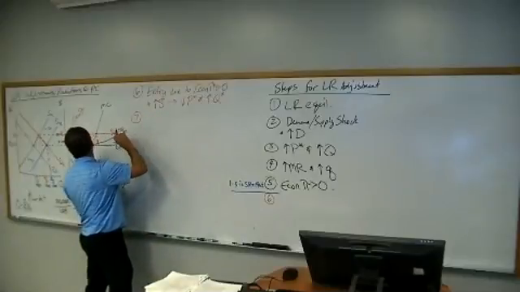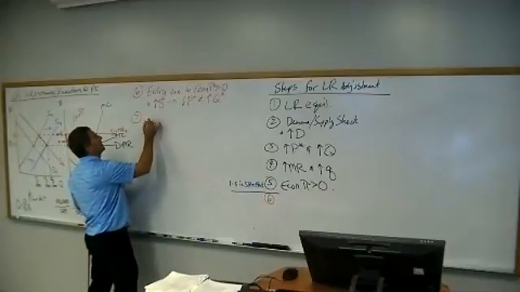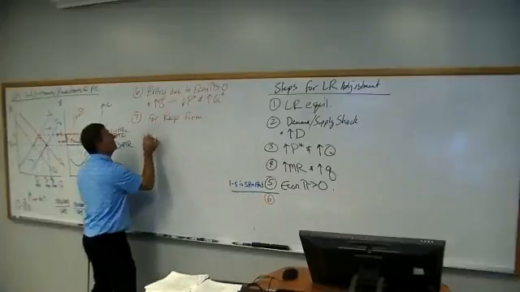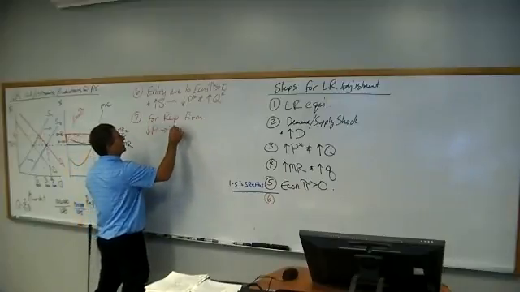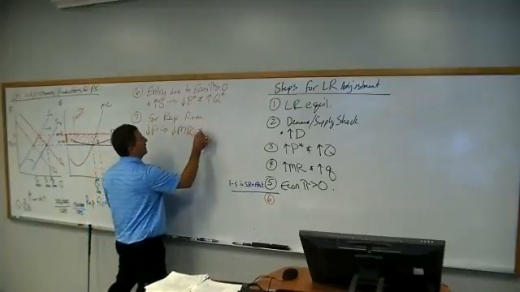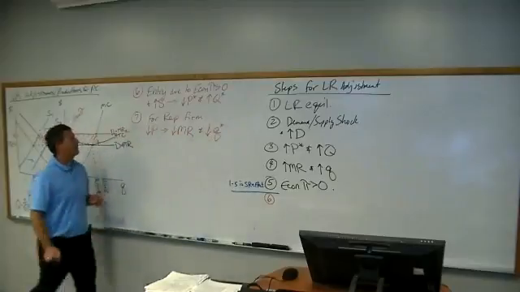So a decrease in price, the increase in supply for the firm, for the representative firm, a decrease in price leads to a decreasing marginal revenue, and they respond by decreasing their equilibrium quantity.